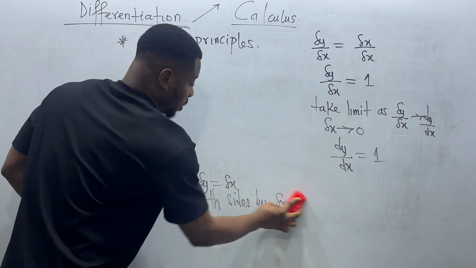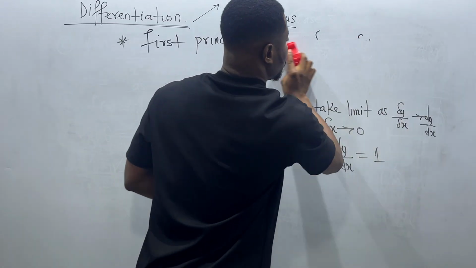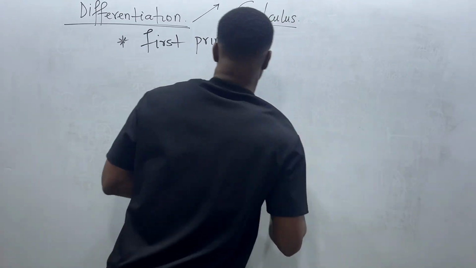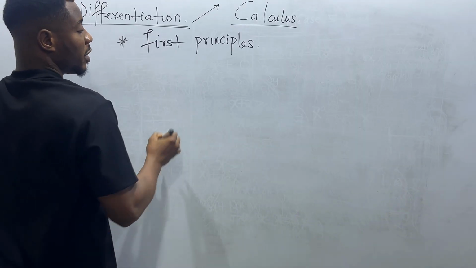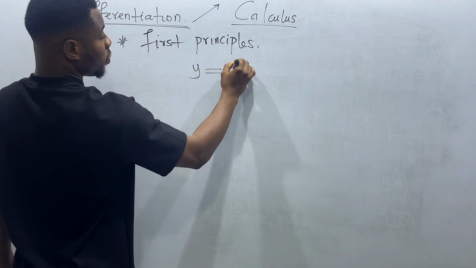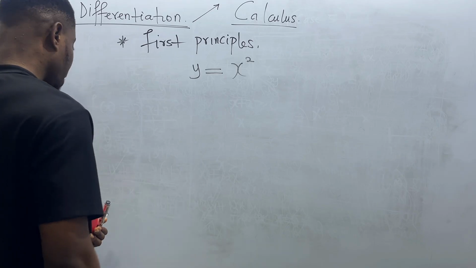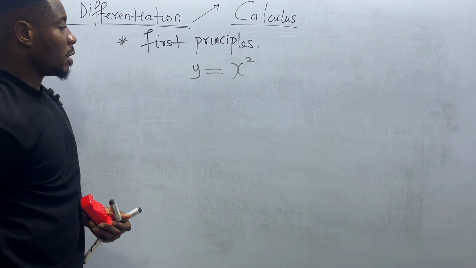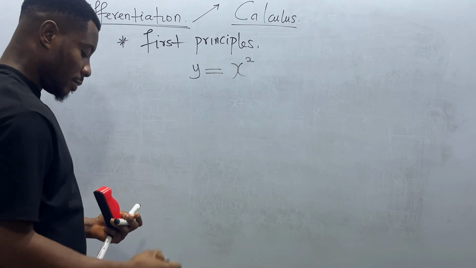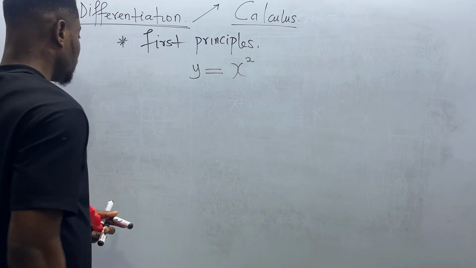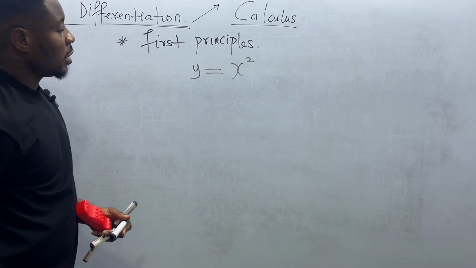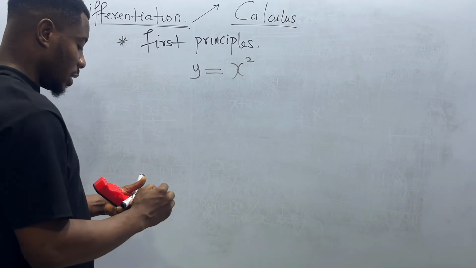This time around, the question says that we should find the derivative of y equal to x squared. Now, as usual, the first thing we're going to do here is increase both sides.